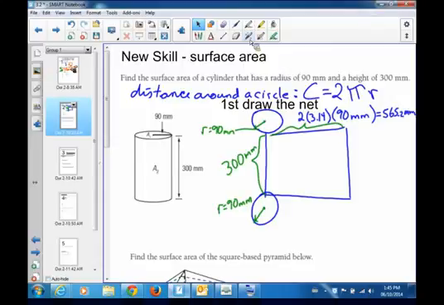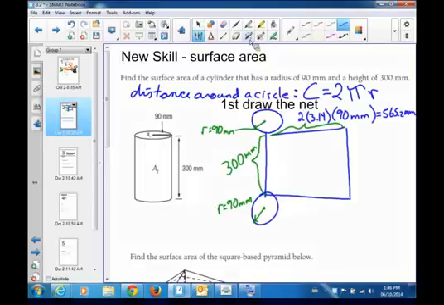Now, I'm going to pause again. Any questions about this one? Okay, because now you can do the actual area of the rectangle.